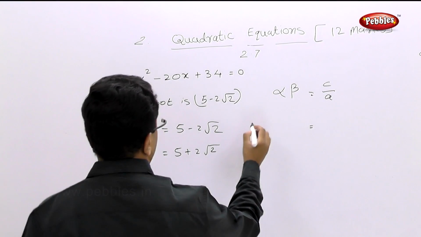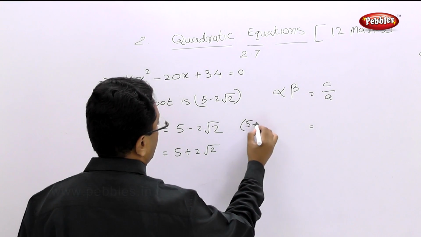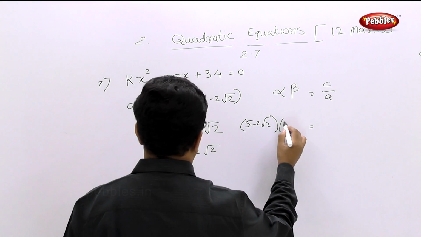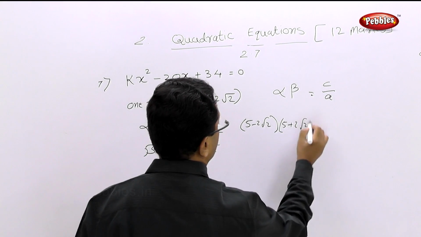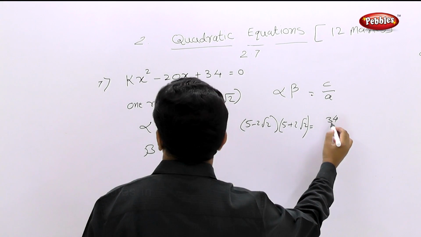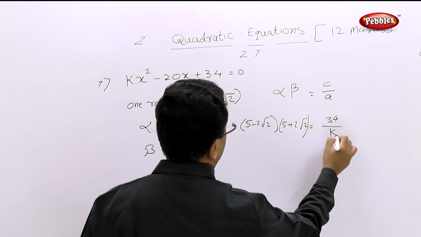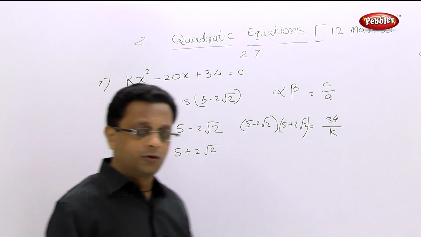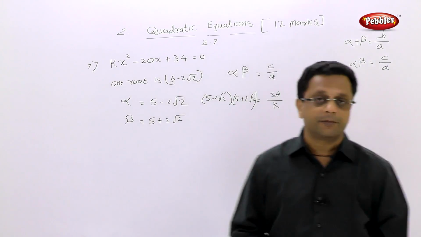Alpha beta is 5 minus 2 root 2 into 5 plus 2 root 2 equal to c is 34 upon a is k. I have not even made use of this b. No need to do it.